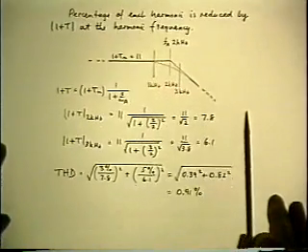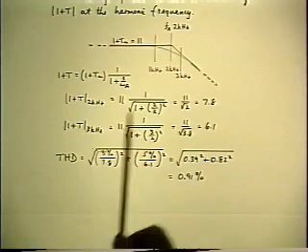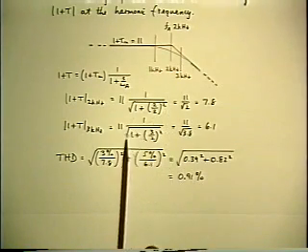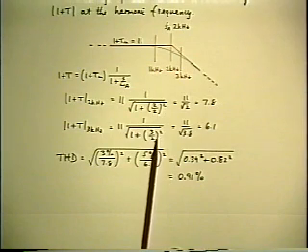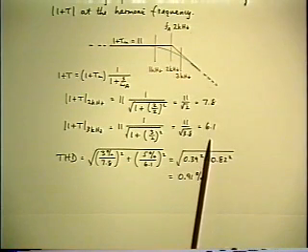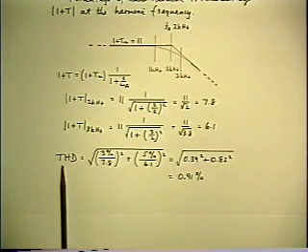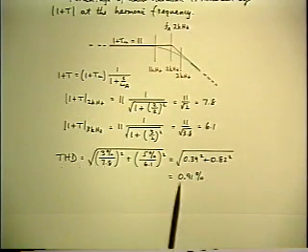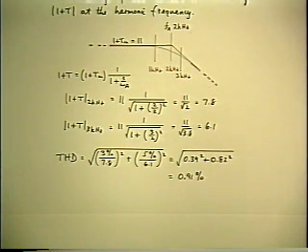Then you do the same for the third harmonic. Evaluate the magnitude of F at 3 kilohertz, so that's 1 over the root of 1 plus (3 over 2) squared, which comes to 6.1. So that's the reduction factor for the third harmonic. And then the definition of total harmonic distortion, THD, is the RMS combination of all of the harmonics that are present.